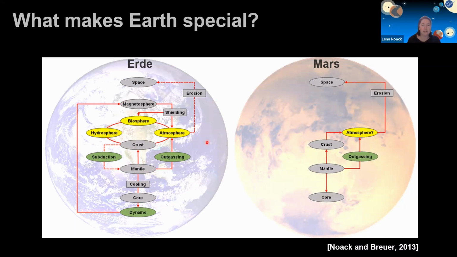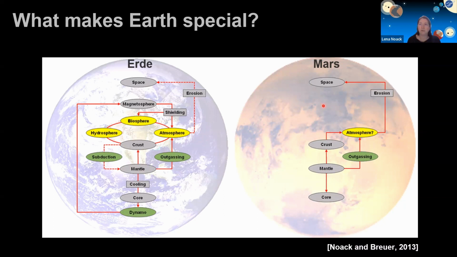The magnetic field shields the atmosphere from erosion, or at least in some parts can help to shield the atmosphere from erosion, but definitely it helps us to shield us from radiation from space. But the atmosphere is again maintained via outgassing. So there are a lot of different aspects, processes on Earth that are interconnected with each other.